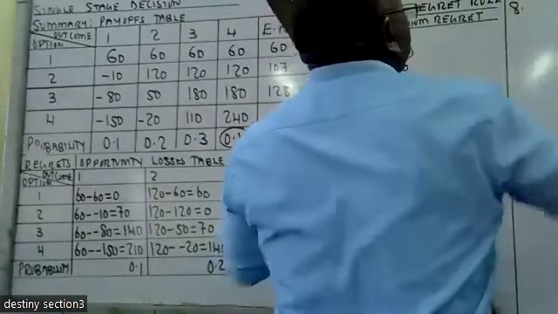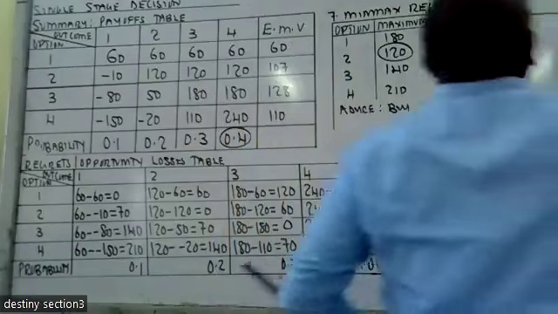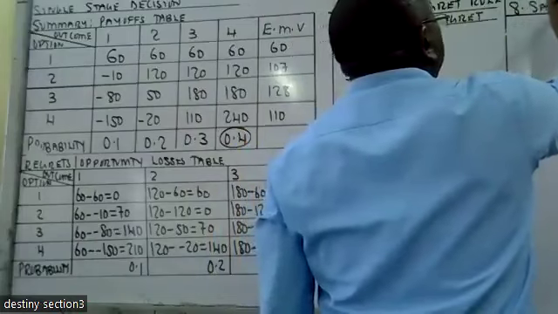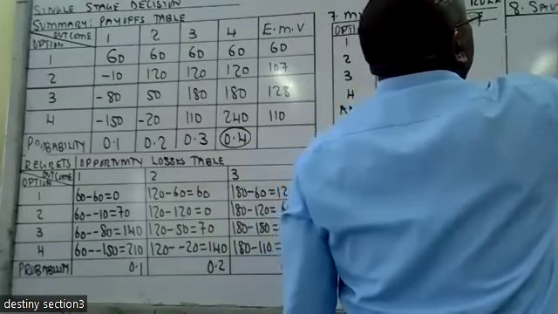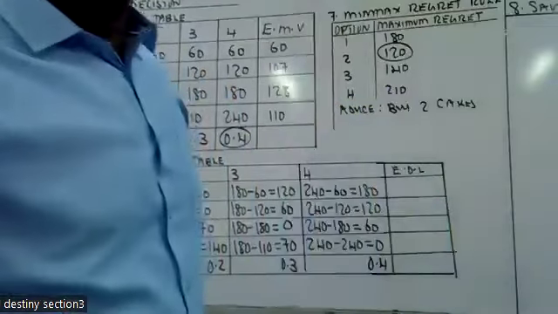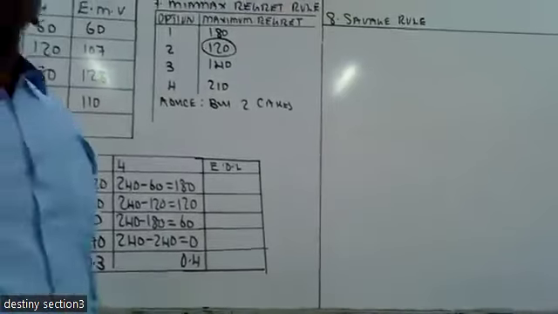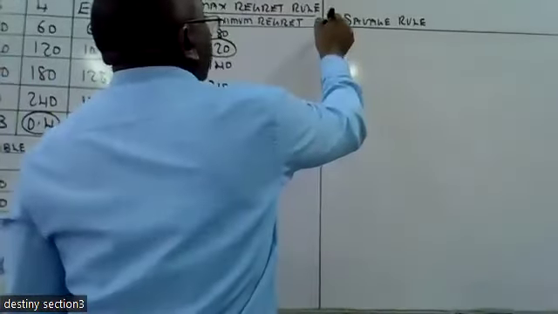Rule number 8. It is called the savage rule. In the savage rule, you have the option here.